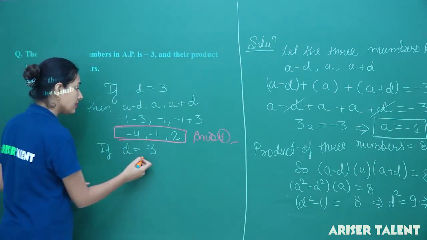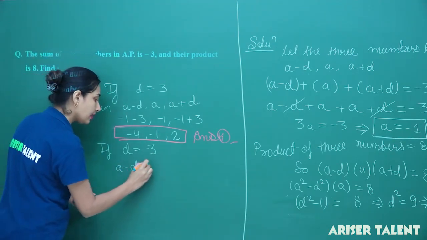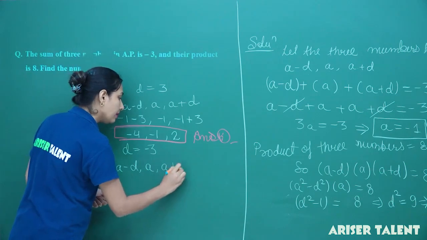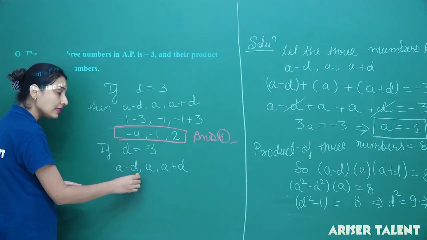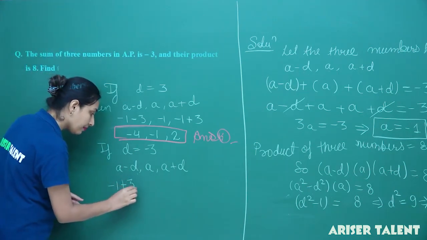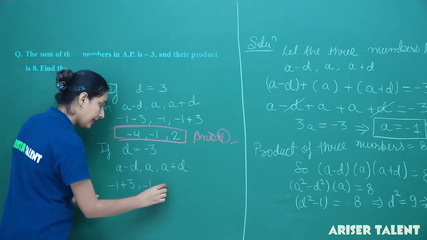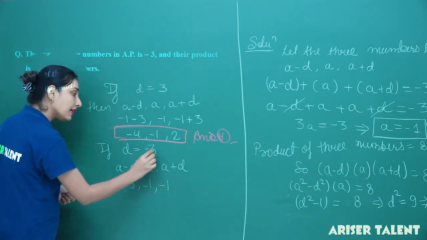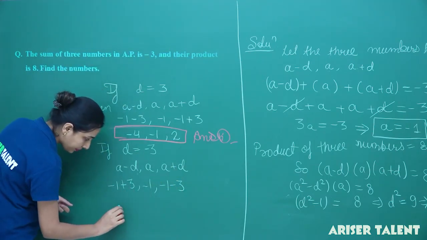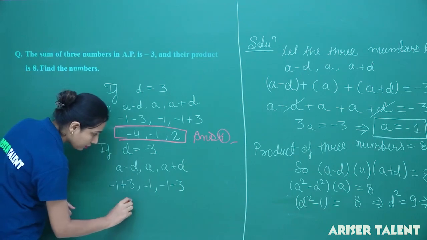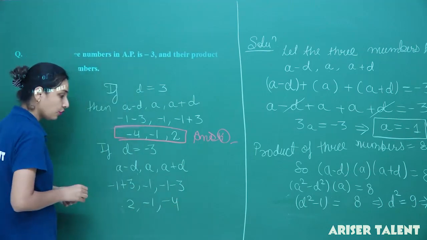Now, in the second case, D equals minus 3, we will write it again: A minus D, A and A plus D. Now A is minus 1. Again minus D will be plus, so minus 1 plus 3, then minus 1, and then minus 1 plus D, that is minus 3. So what will it become? That will be 2, minus 1 and minus 4.